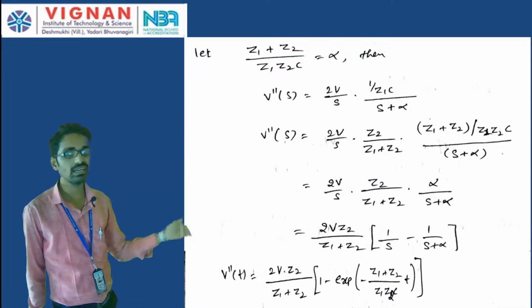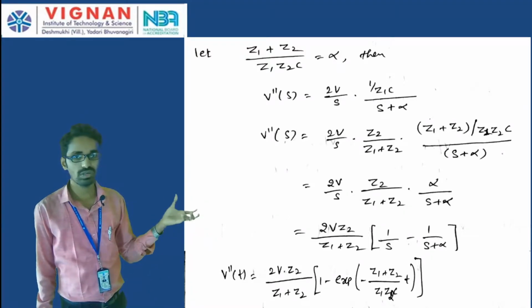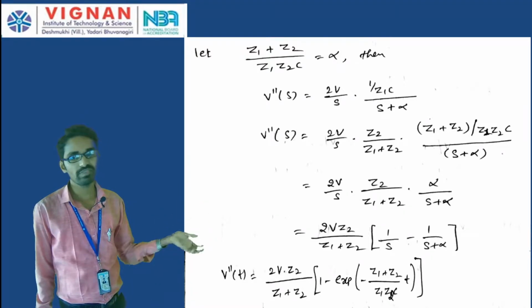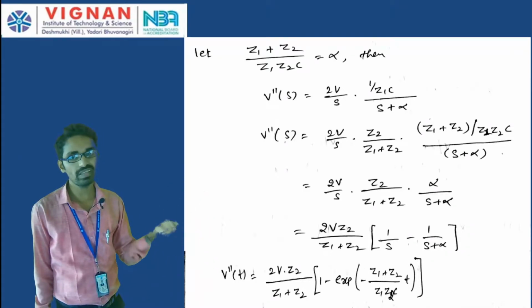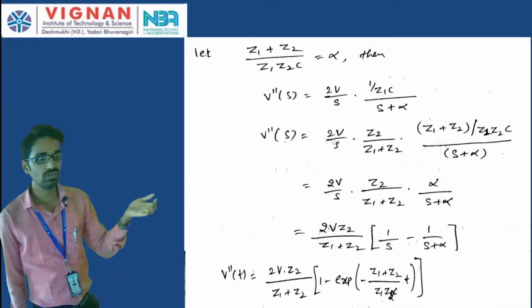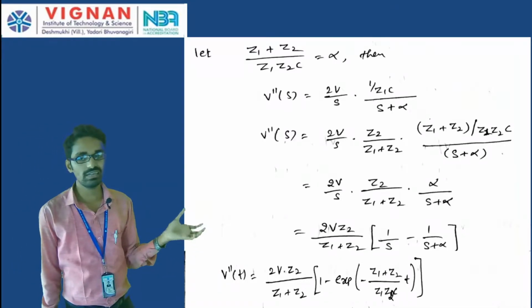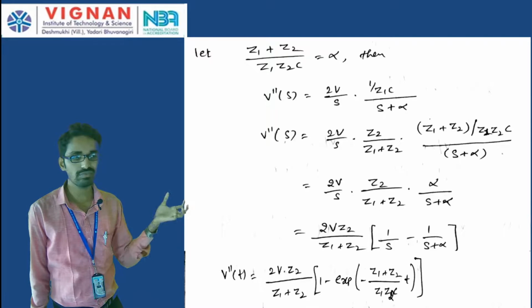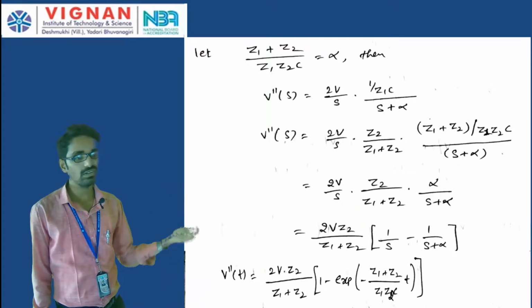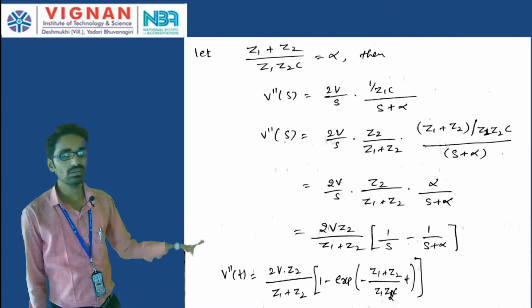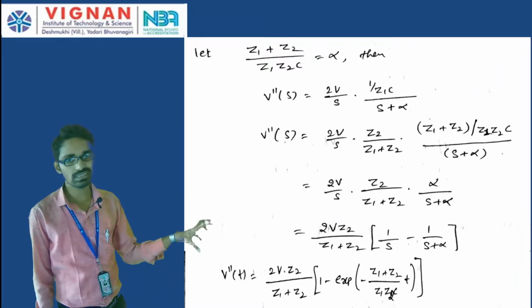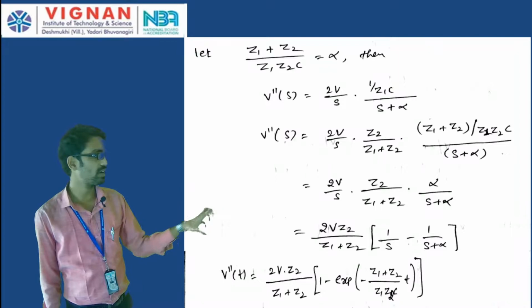If I write 1 by s plus alpha as A by s plus B by s plus alpha and calculate the values of A and B, then A is equal to 1 and B is equal to minus 1. From that you get the partial fractions, that is 1 by s minus 1 by s plus alpha.